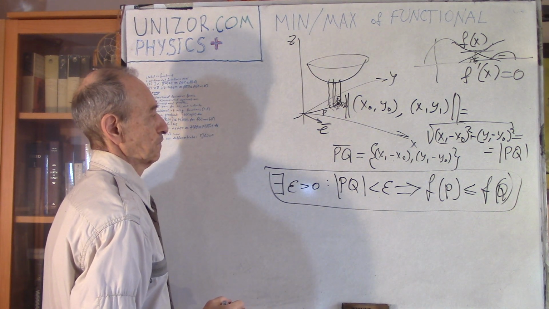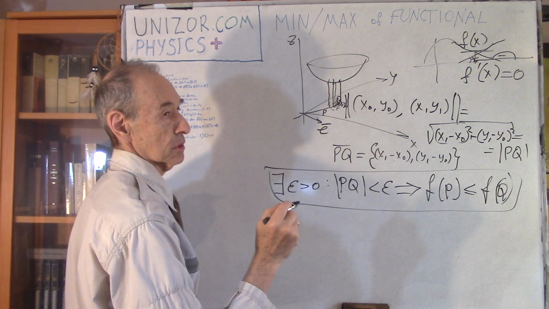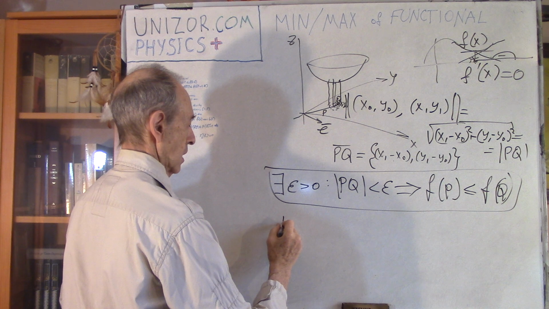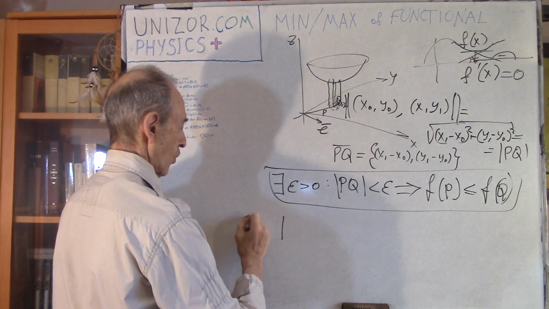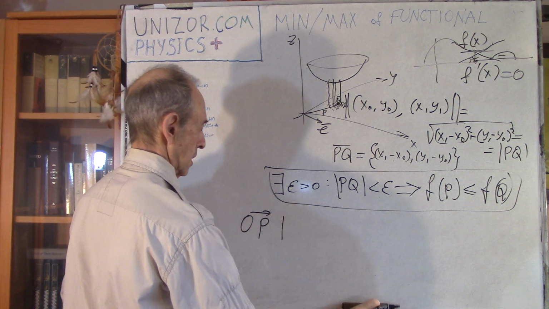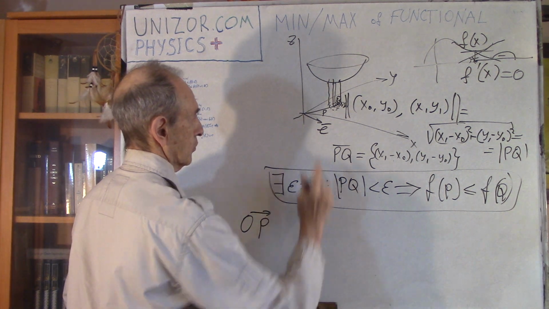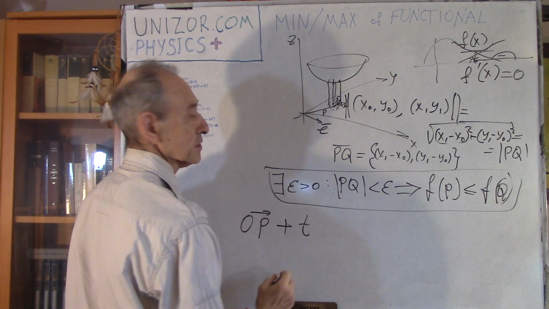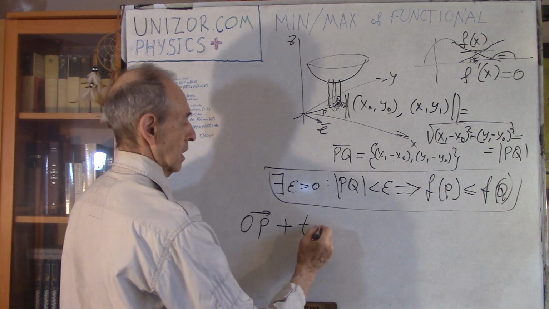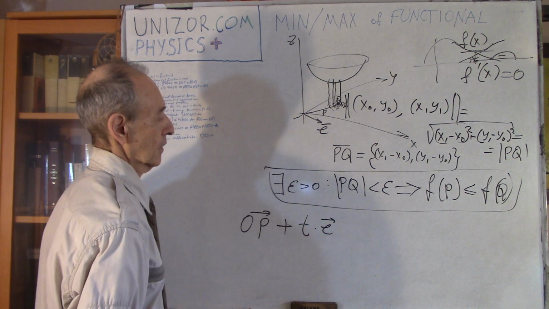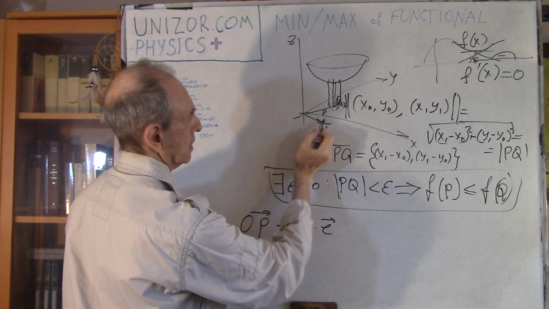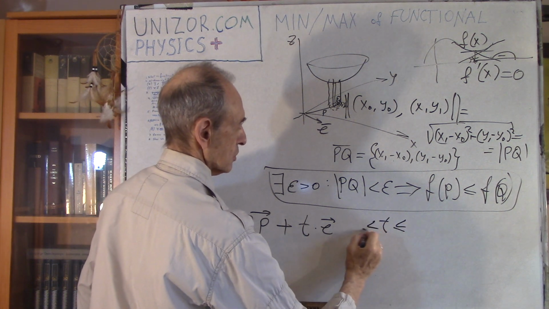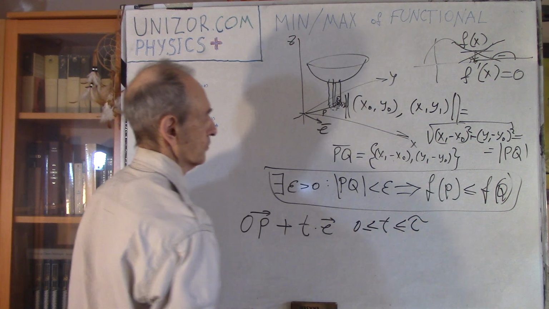Now, what if you do the following things? Vector OP, which is this, plus some kind of a multiplier, a real number t, times this vector E, where t would be in some range from 0 to some kind of a tau.